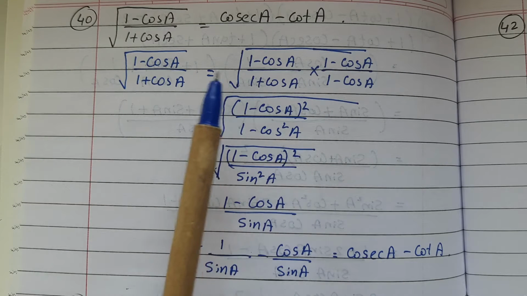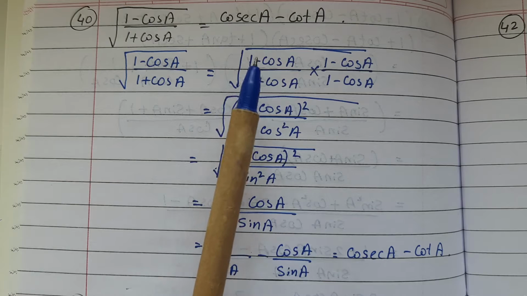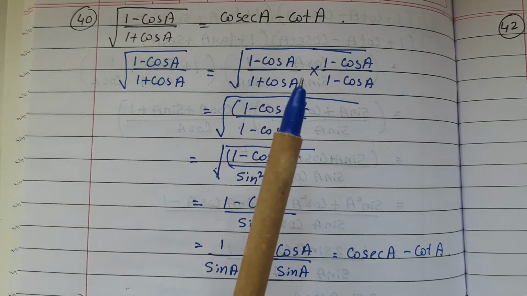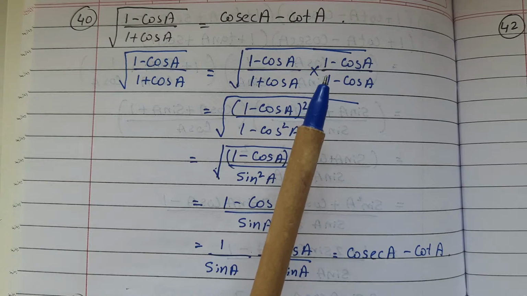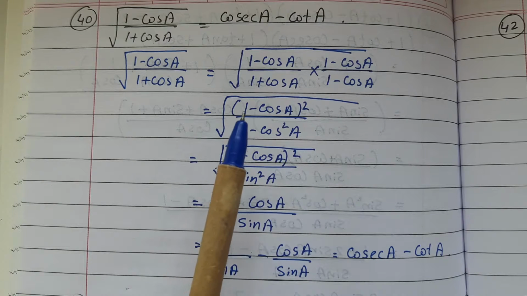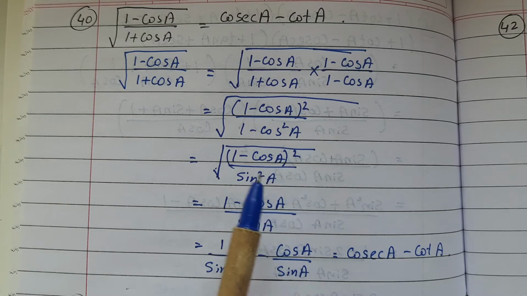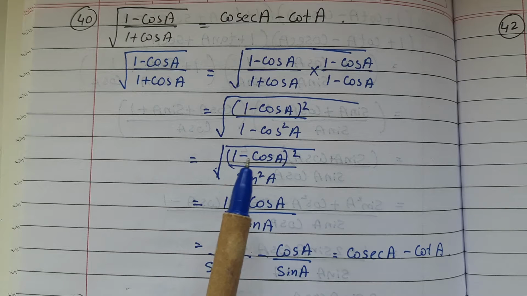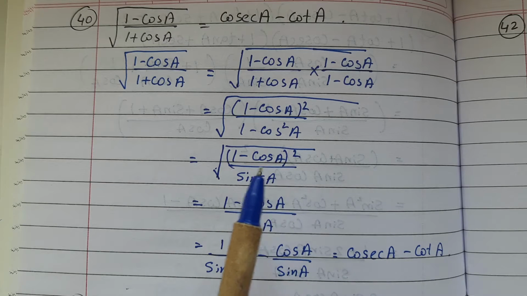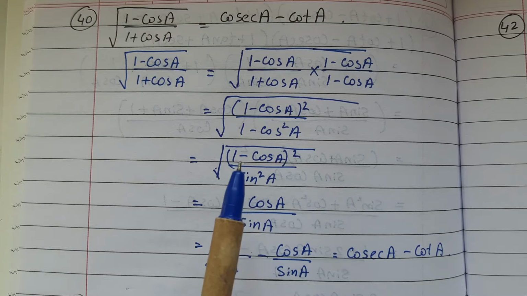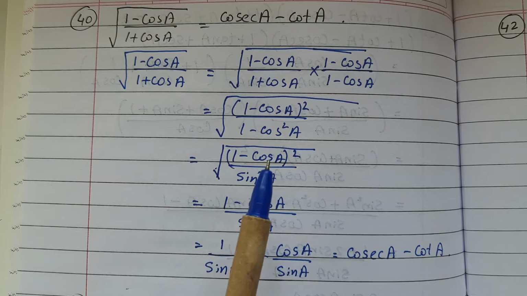We get root of 1 minus cos a upon 1 plus cos a into 1 minus cos a upon 1 minus cos a, equal to root of (1 minus cos a) the whole square upon 1 minus cos square a, which is equal to sine square a. Equal to root of (1 minus cos a) the whole square upon sine square a. This is (1 minus cos a upon sine a) the whole square.